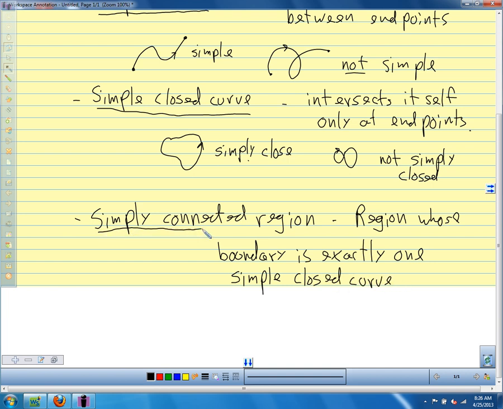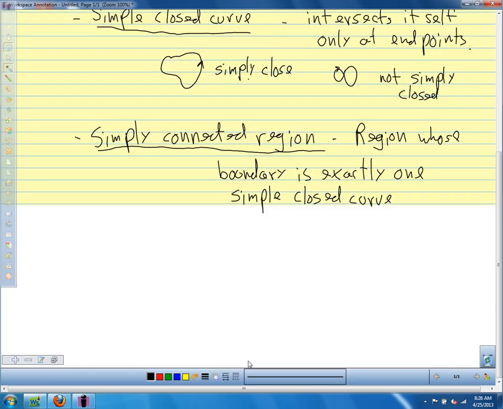That's the kind of region we're going to be interested in for Green's theorem. So a region like this, inside this curve, if this is R, is simply connected.